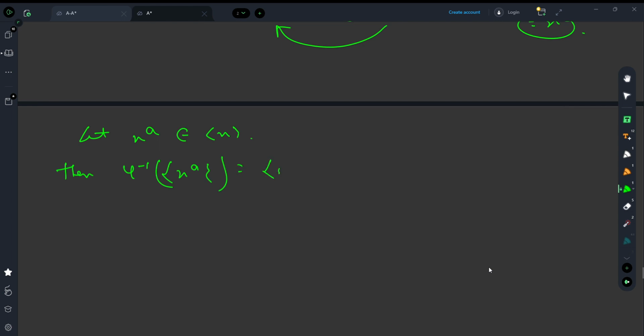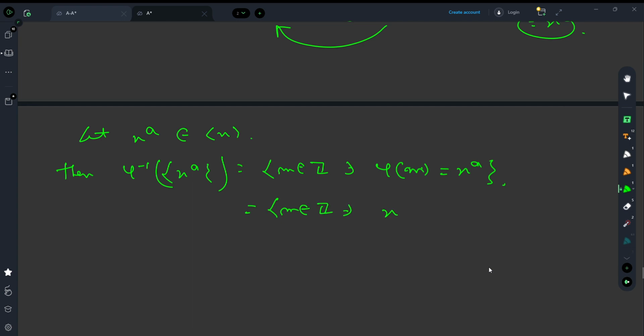So it is the collection of all the elements m in Z such that phi of m is equal to x to the power a.